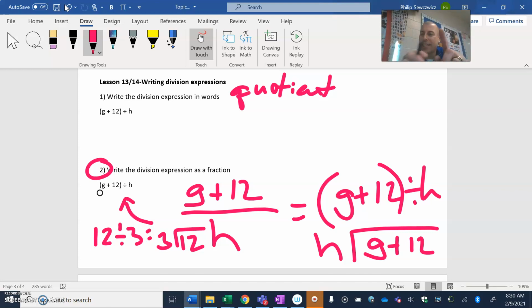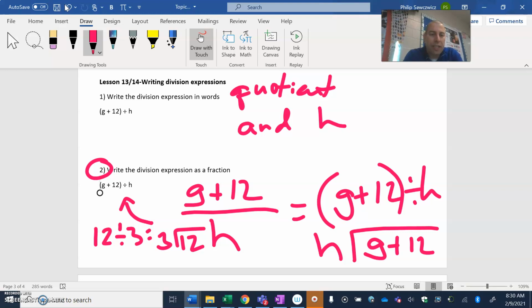It separates the things that you are adding. With quotient, we're also going to use the word and, and it's going to separate what we're dividing. So I can put it in right away, because that's my division. I know the H is going to be to the right of it, because I'm dividing by the H. And now I need to get that G plus 12 in there.